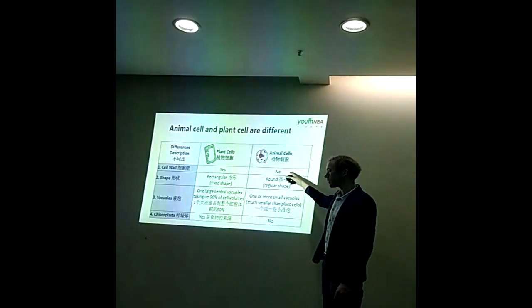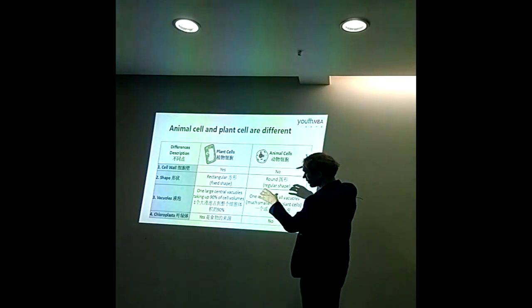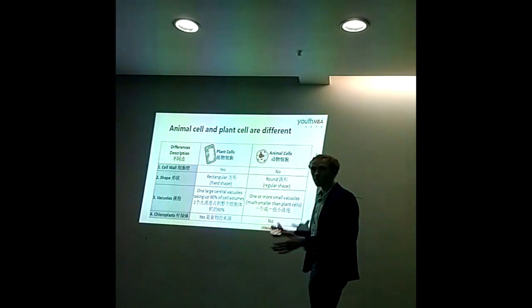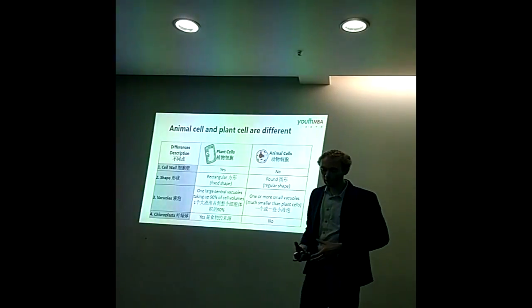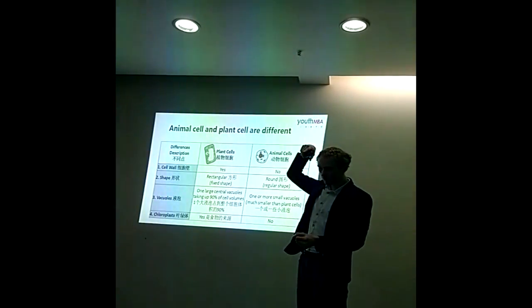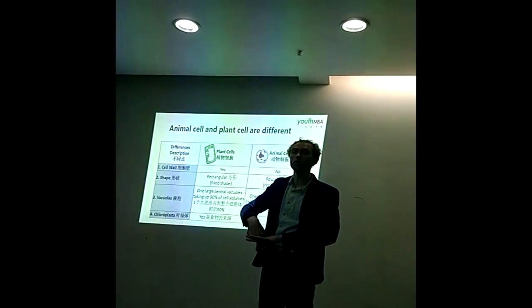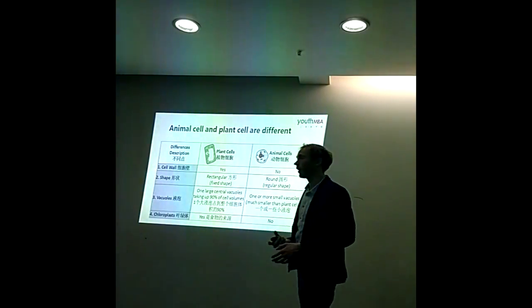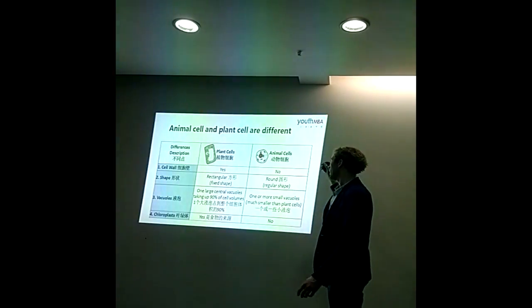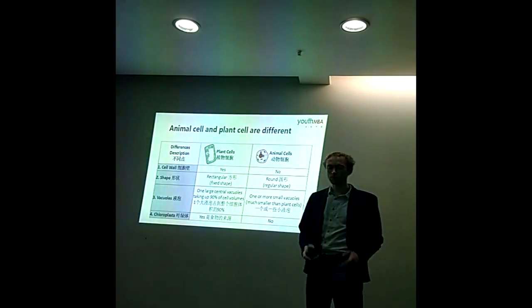An animal cell doesn't have any fixed shape. You see, it's soft. You can squeeze it like this and nothing happens. If you take a leaf of a plant and you poke it, probably your finger will go through the leaf and you will break it. Okay, and then the vacuole is really large, and the plant cell is big.